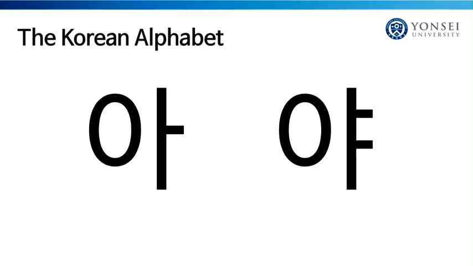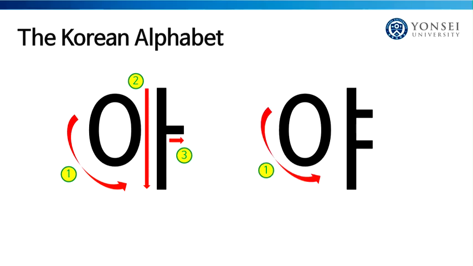At this time, we will practice writing the letters one by one. A is written using a circle, a long stroke from top to bottom, and a short stroke from left to right. Ya is also written using a circle and a long stroke from top to bottom, with 2 short strokes from left to right instead of 1.